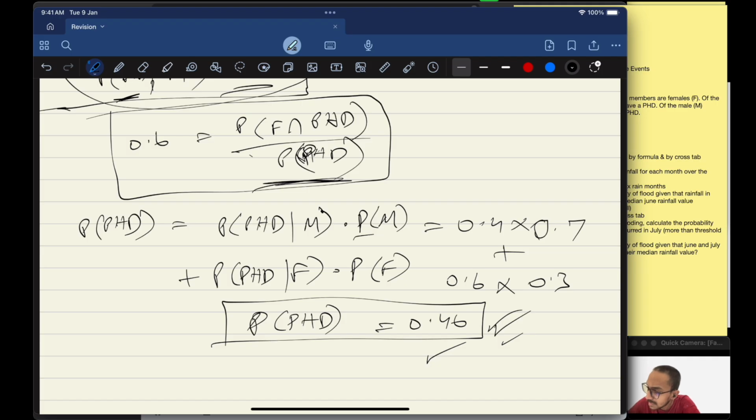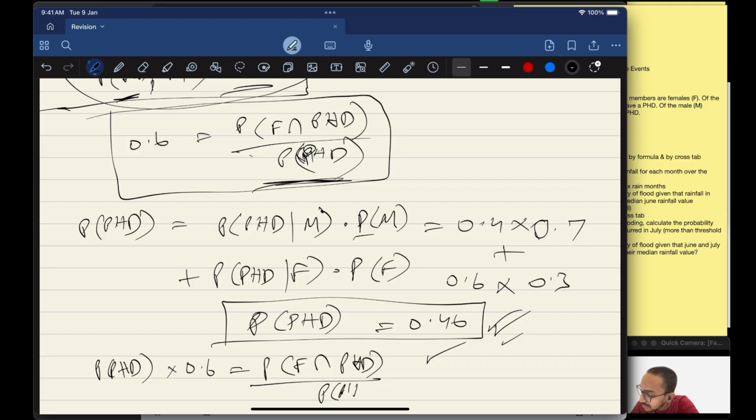So we'll multiply PhD on both sides. So P of PhD times 0.6 equals P of F intersection PhD over P of PhD times P of PhD, right? This will cancel.